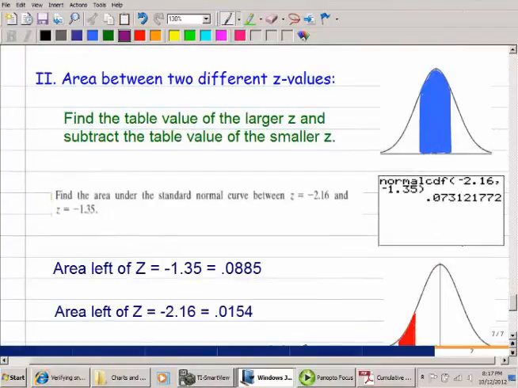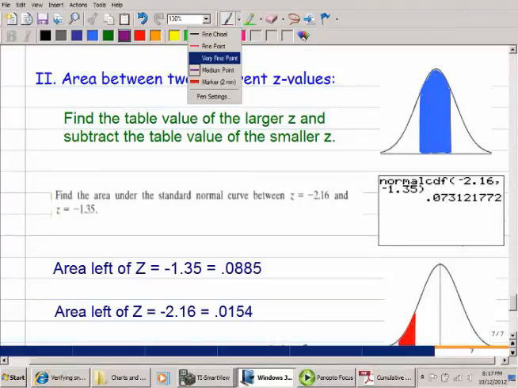Now, the next case, area between two different z values. Now, this one's really nice. You don't have to worry about flipping anything, or even if you do the calculator, you don't have to do any kind of negative 100 or positive 100 to represent the infinities. All you have to do is take the larger table value minus the smaller table value.